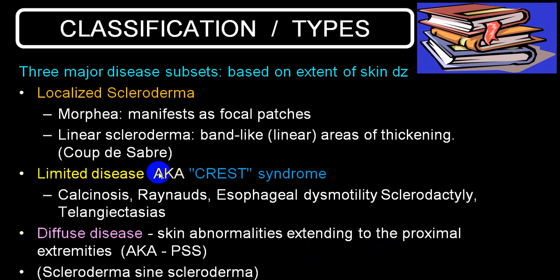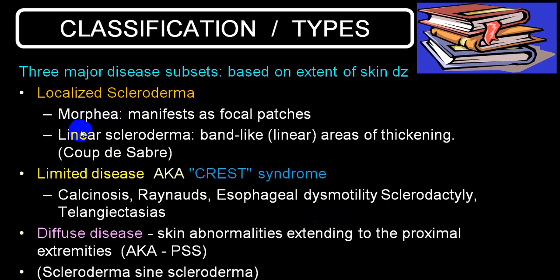In a limited variety, there is one classical syndrome which is called CRST syndrome or CREST syndrome, which is characterized by calcinosis, Raynaud's phenomena, esophageal motility syndrome, sclerodactyly, and telangiectasia. While in a localized variety where there are focal patches, very small area, it is called morphea.